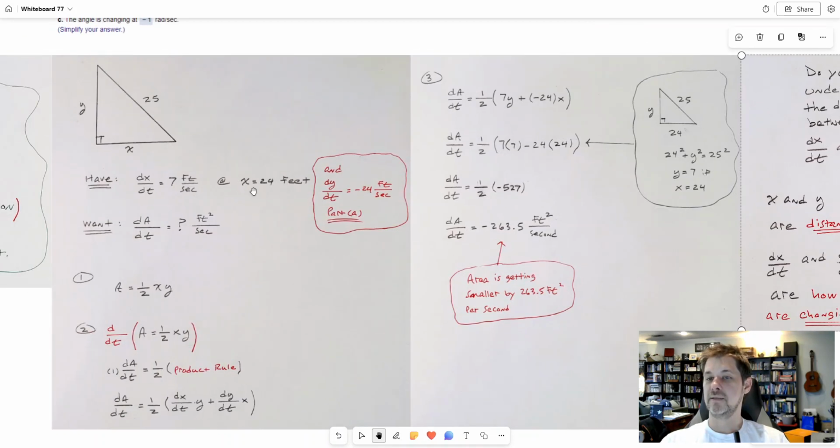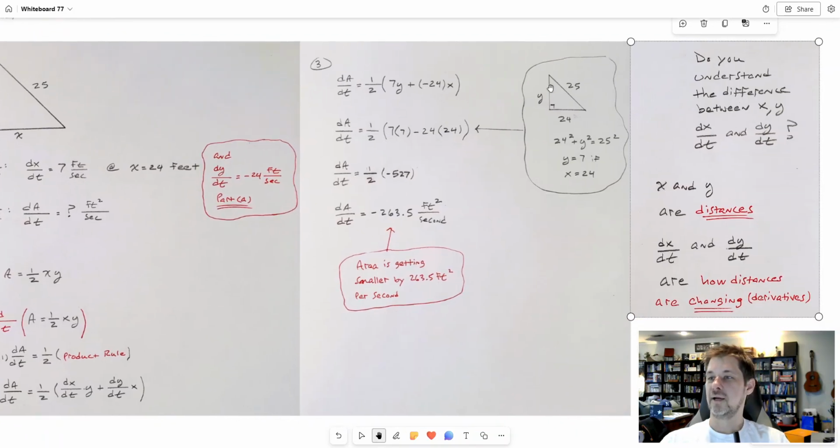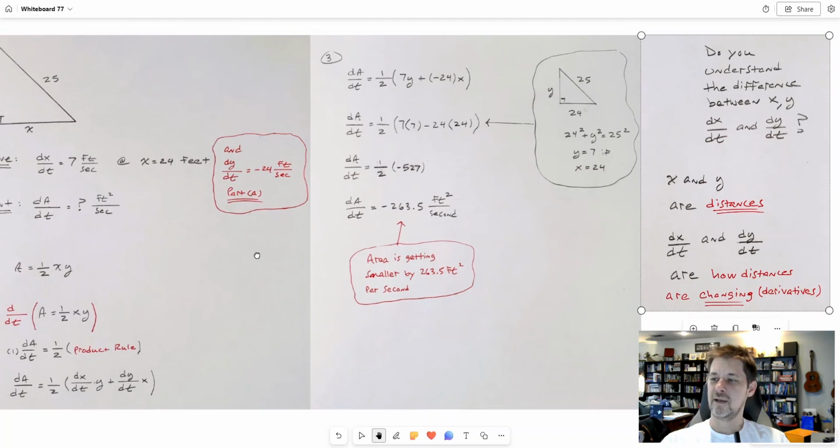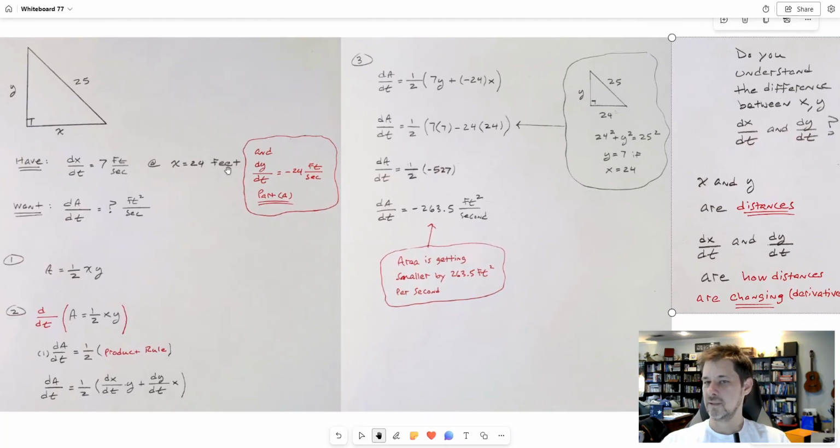Like, the base of the triangle is 24 feet. As a result, the height of the triangle is 7 feet. x and y are just distances. But the dx over dt and the dy over dt, those are how the distances are changing. Those are derivatives. So for that information, I wouldn't look for something that's in feet. I would look for something that's in feet per second.